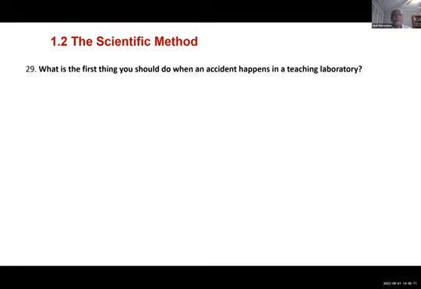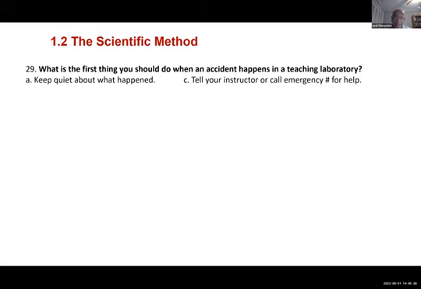What is the first thing you should do when an accident happens in a teaching laboratory? We answered a question before. Keep quiet about what happened. That was the answer I accidentally put there. C. Tell your instructor or call an emergency number for help.